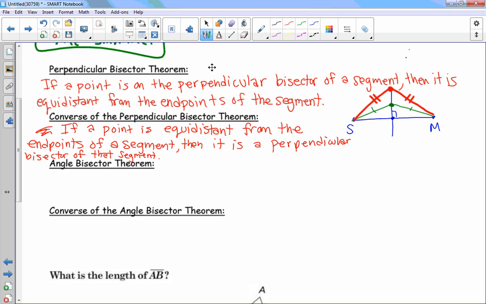So it's basically the same thing, and they just reverse the order of the phrases. That's what the converse is.